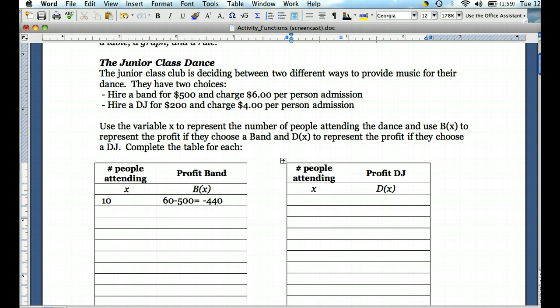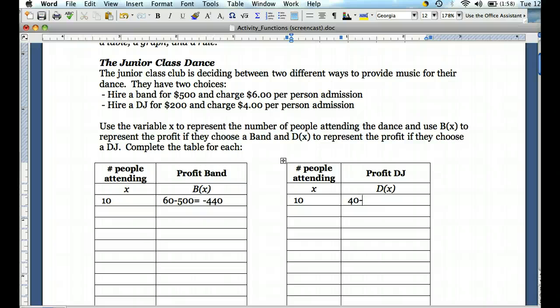And we can tell that the profit here for the DJ, they're still going to be in the hole, right? But they may not be in the hole as much because the initial cost of the band is $500, whereas the initial cost of the DJ is $200. So if we do 10 people for the DJ function, it's almost the same thing except the price per ticket is $4. So instead of making $60, they're going to make $40.